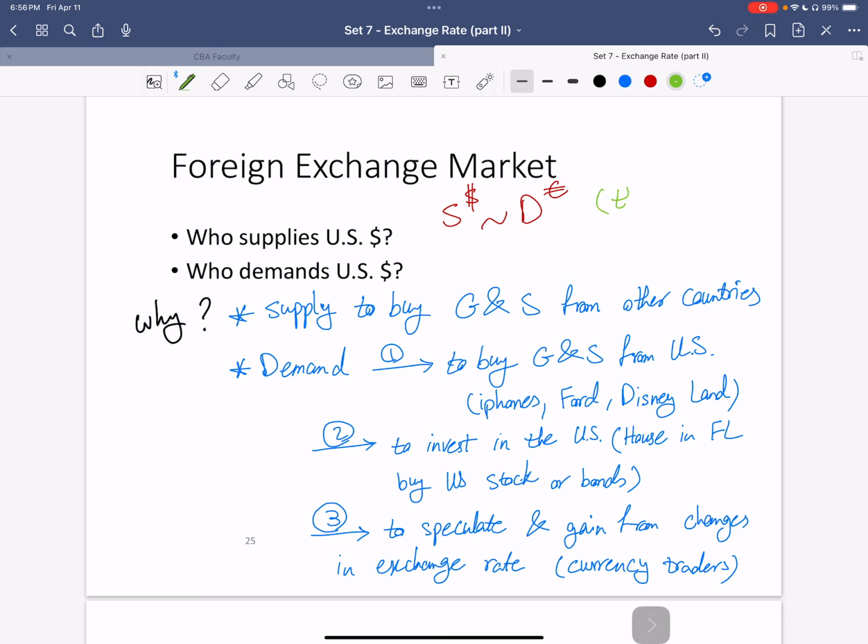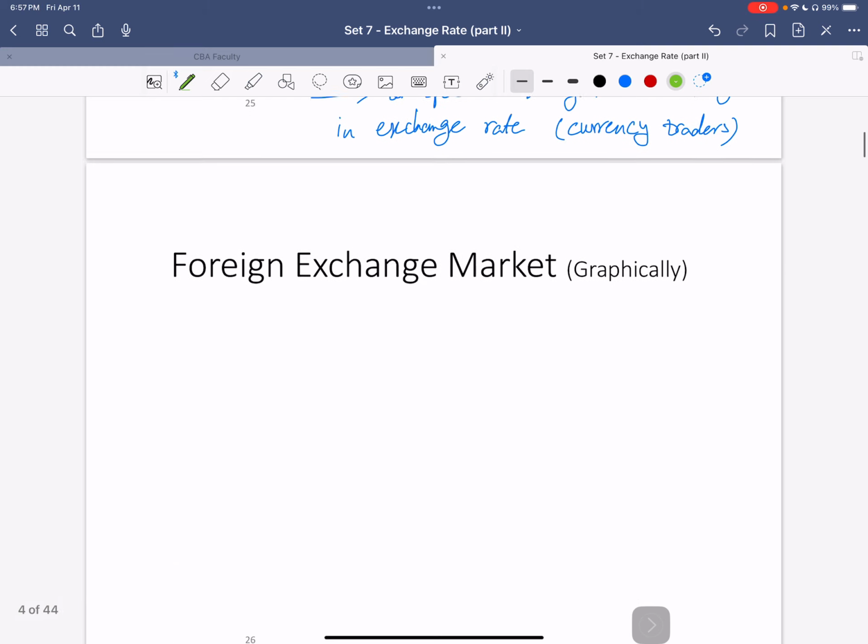We say that these are the same. If, for example, supply of dollar increases, the same amount of the demand for euro will increase. Okay, so let's look at it graphically.